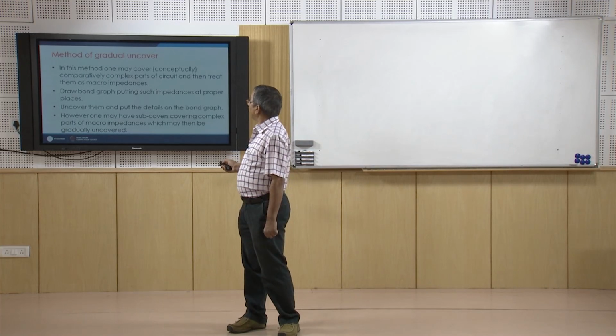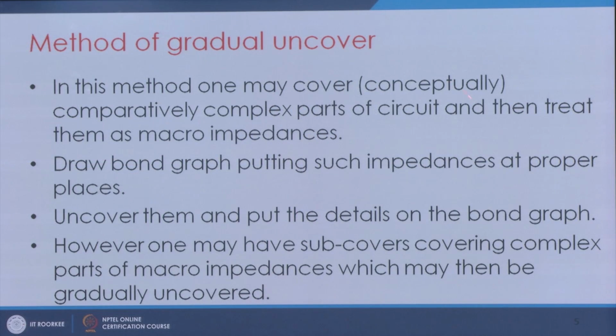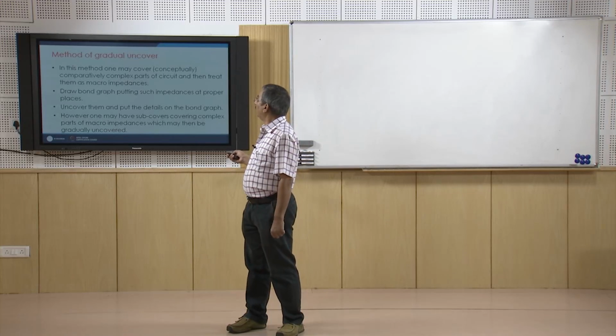In this method one may conceptually cover comparatively complex parts of the circuit, treat them as macro impedances, and then draw the bond graph putting such impedances at proper places. Then uncover them and put the details on the bond graph. However, one may have subcovers covering complex parts of macro impedances, which may then be gradually uncovered. So, this is what is done.